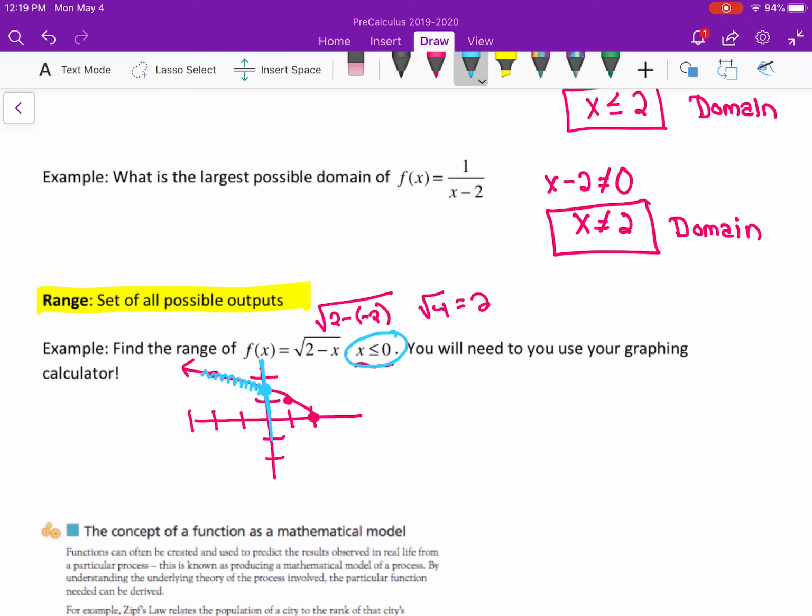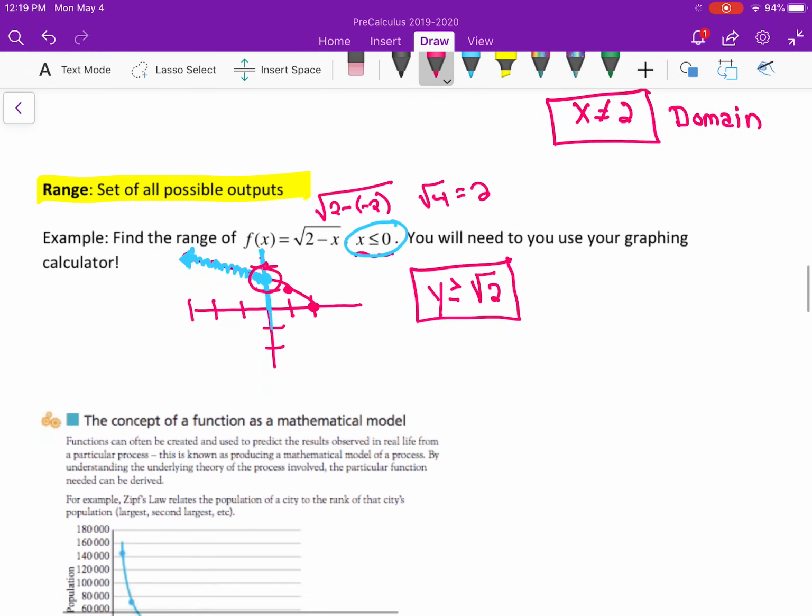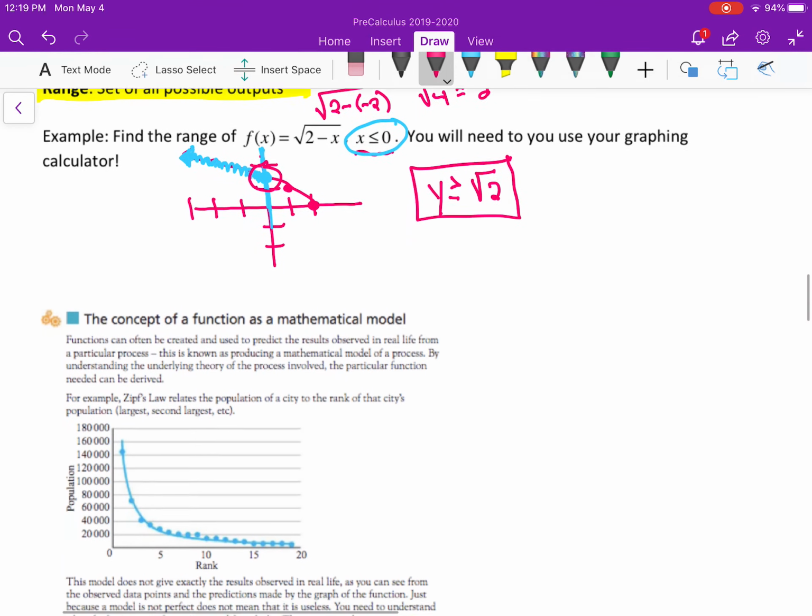So from here forward to the left. Okay, so I want the greatest possible range when my x value is less than 0. All right, and you can put that in your calculator and you're looking for this value right here, and it happens to be square root of 2 or 1.7, which you'll see in your calculator. All right, so that is your greatest possible range.